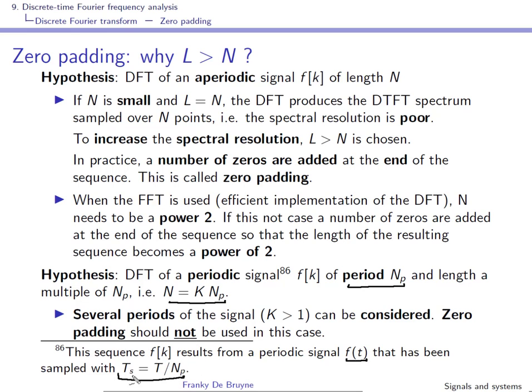If you do not do this, your original periodic signal might become aperiodic when it is discretized, or it can become also periodic but with the wrong periodicity. So if you have a signal of period t, please sample your signal such that you have an integer number of samples in one period. This is something that we have considered when we were talking about sampling of periodic signals in section 7.